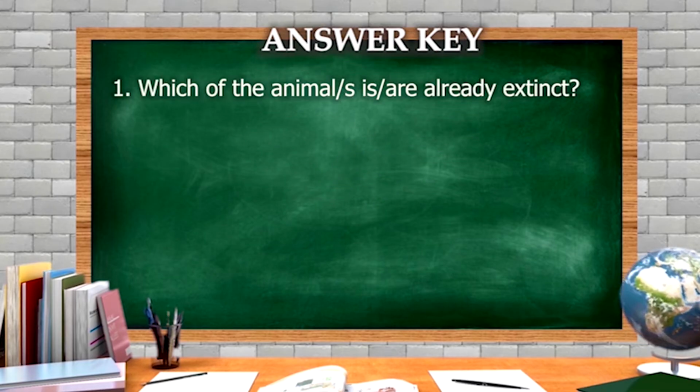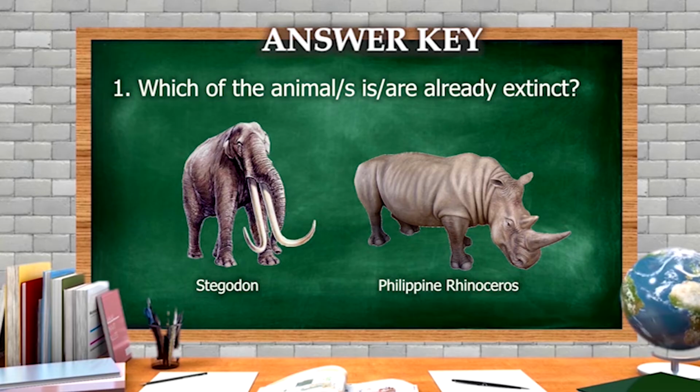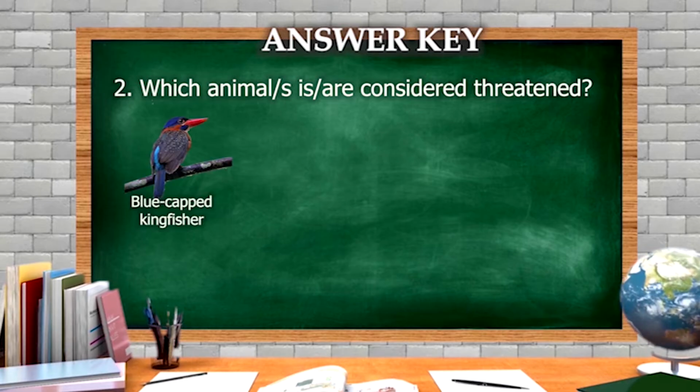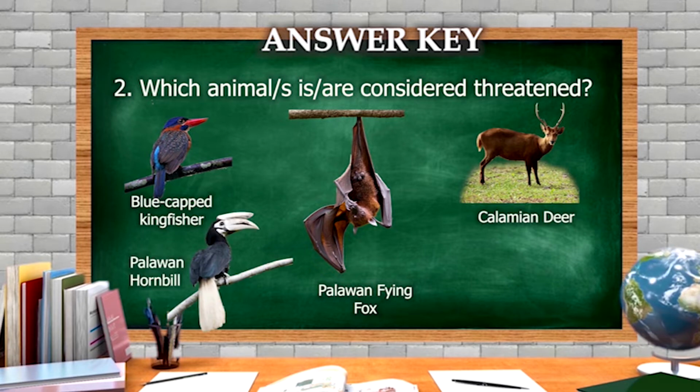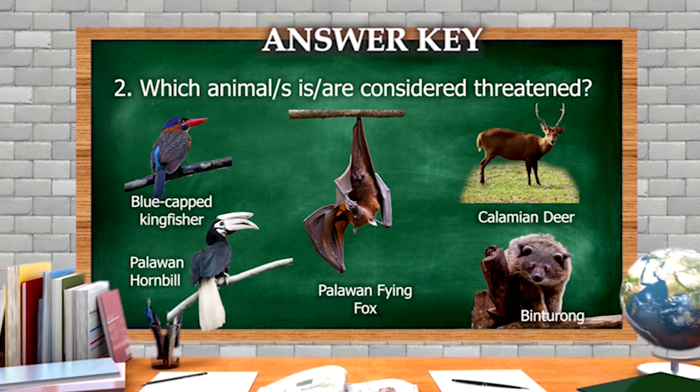Number 1. Stegodon and Philippine rhinoceros, who once grazed the land of our country. Number 2. The blue-caped kingfisher, Palawan flying fox, Calamian deer, Palawan hornbill, and binturong or the bear cat. These species are threatened because their population declines more rapidly than anyone would be expecting.